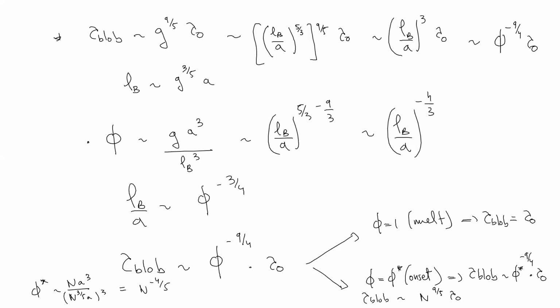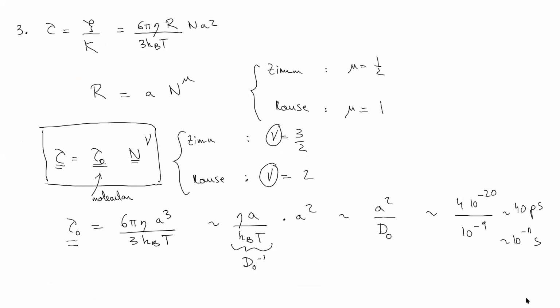Okay, so that is the blob scale. So we know the blob scale. And let me summarize it. This is the good quantity. That's the blob timescale. Now, what about the chain timescale? Well, we said that we have a Rouse dynamics. So the Rouse dynamics, well, it's the power 2 of the number of objects times the monomeric timescale. Let me just show you. So Rouse is the unit timescale multiplied by the number of objects to the power 2.